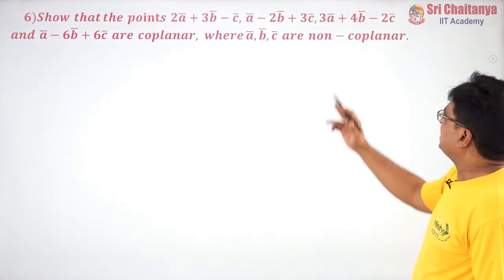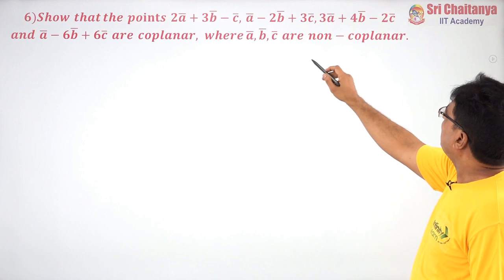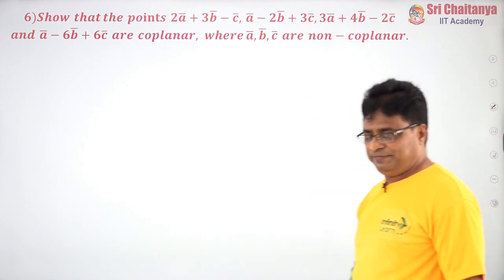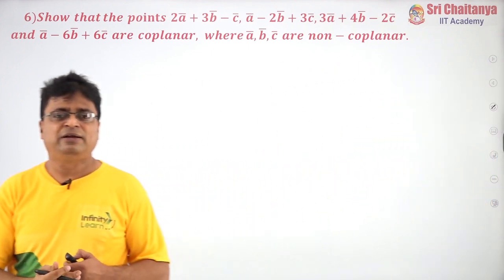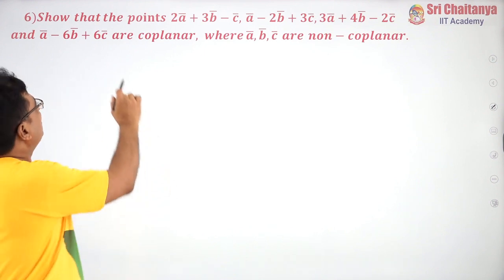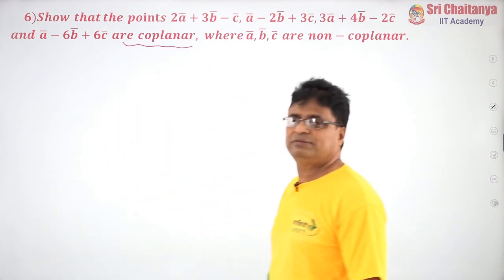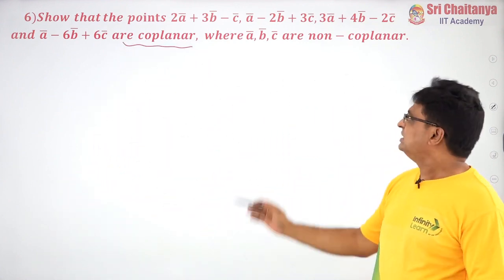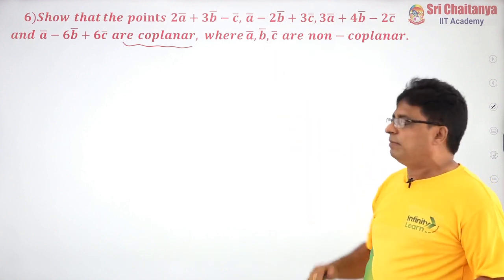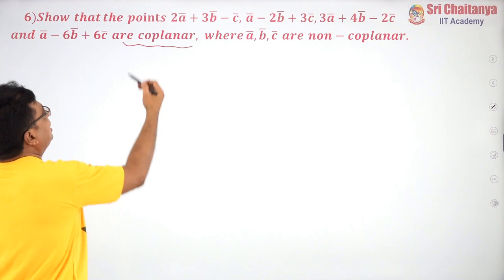Okay? Next. Now here, see the question very carefully. Here 4 points are given. Whenever 4 points are given, don't ask whether they are collinear or not. That is a wrong statement. So here 4 points are given and you need to check whether they are coplanar or not. Just like in our previous problem, here you need to find 3 coinitial vectors. Let O be the origin.